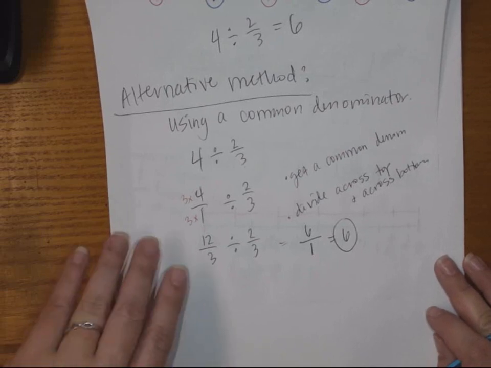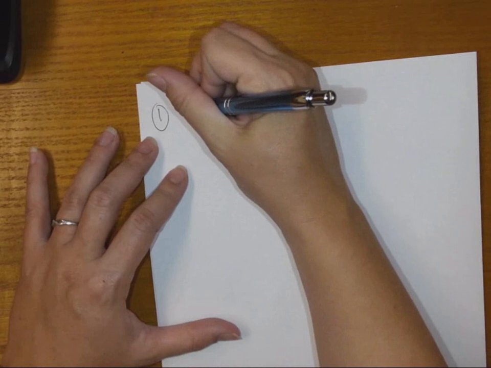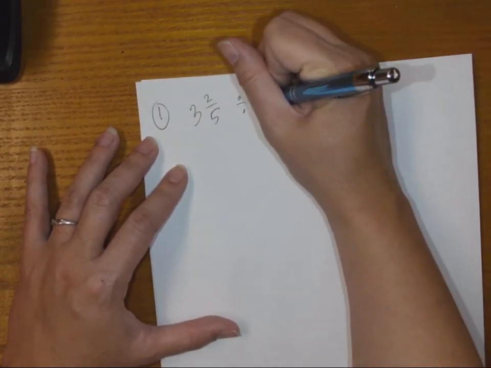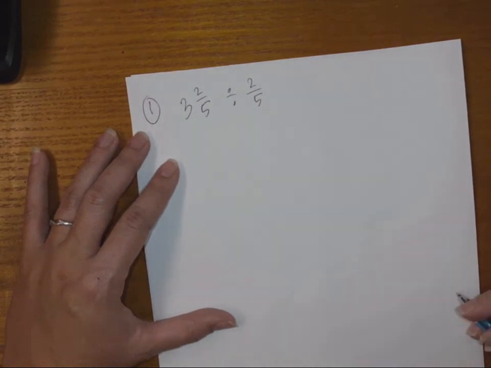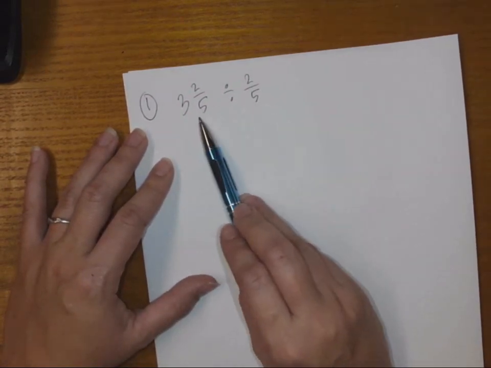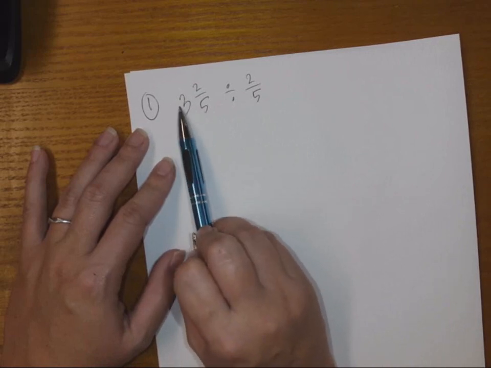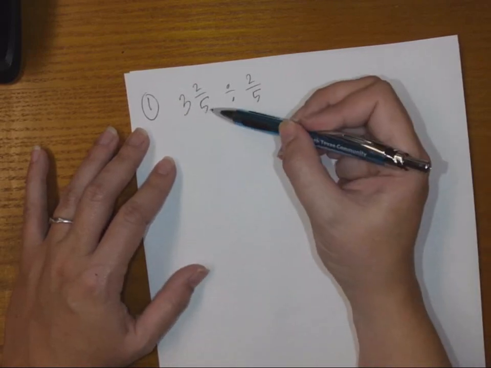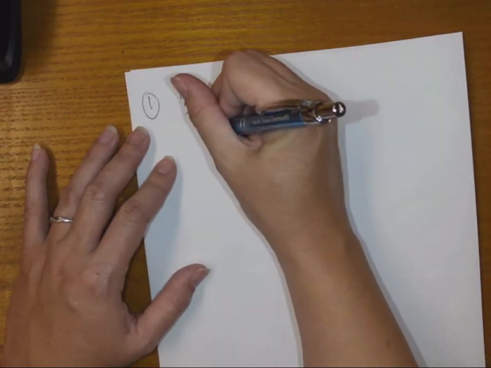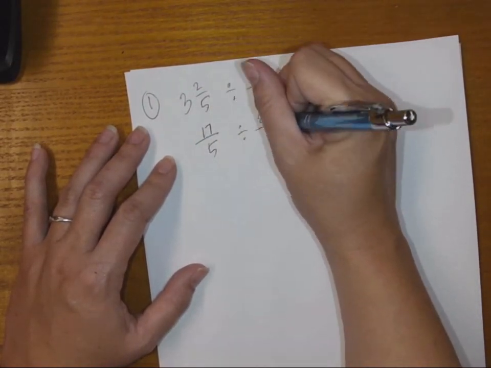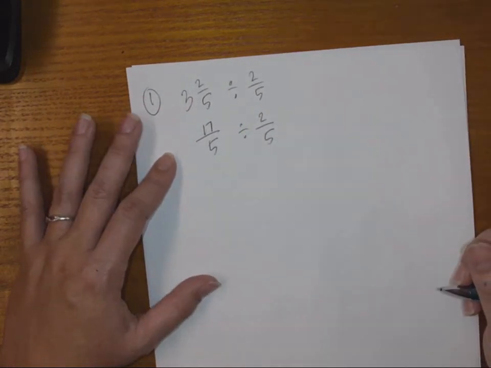So let's do a couple more problems like that. If I had 3 2/5 divided by 2/5. They actually already have a common denominator, but I have this mixed number over here, so let's make this into an improper fraction. 3 times 5 is 15. 15 plus 2 is 17 over my denominator 5, divided by 2 over my denominator 5.